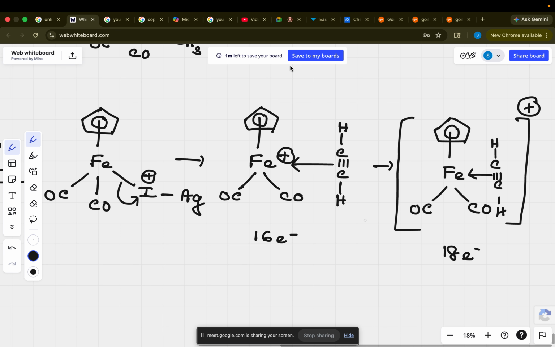I think one more class will be needed only for the reactions. After the reactions, we can move to the mechanism part, like oxidative addition and reductive elimination. Hardly it will take, I think, 6 to 7 classes. It will take more.